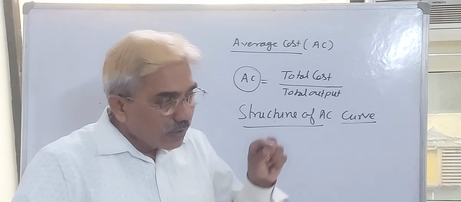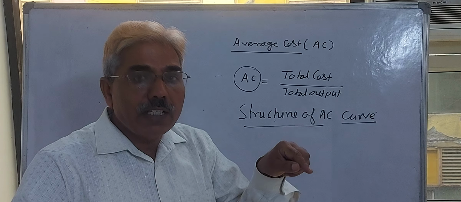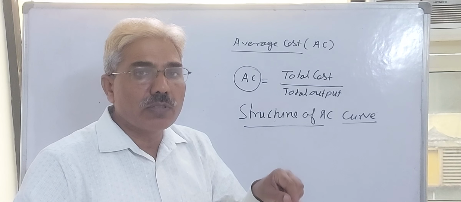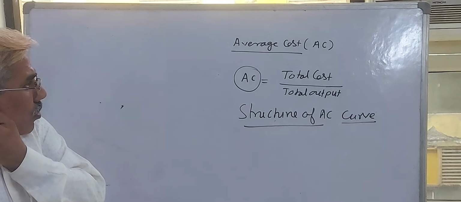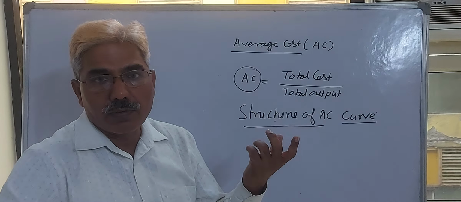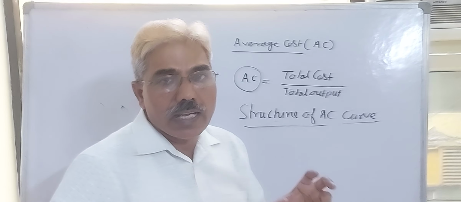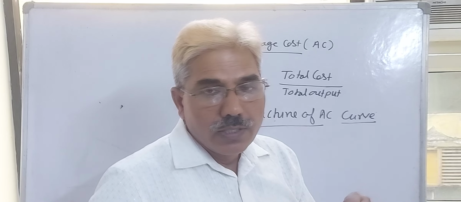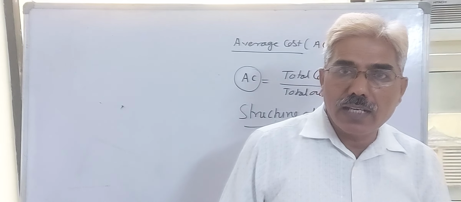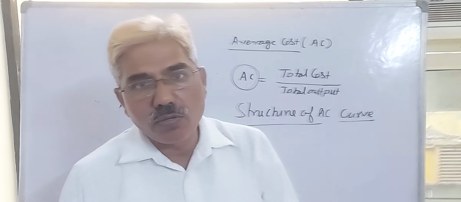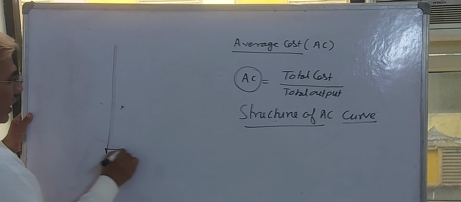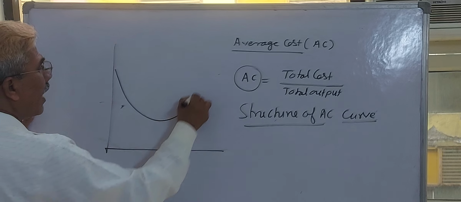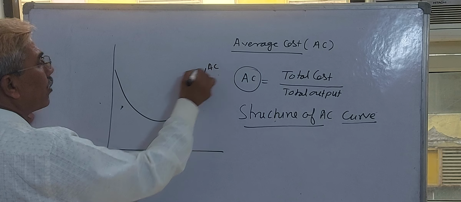Because of it, the average cost begins to fall, because primarily the cost of fixed capital is more. But as we utilize more labor, per unit average cost begins to fall. You can see that in the beginning stage, the average cost curve will fall.